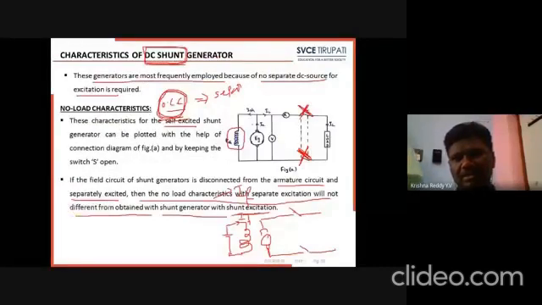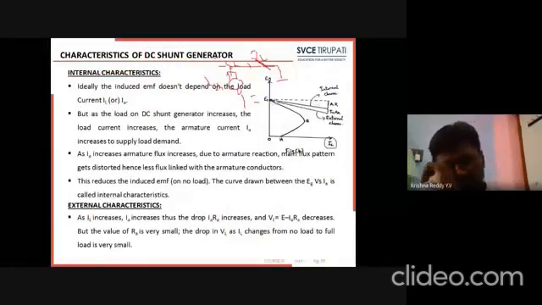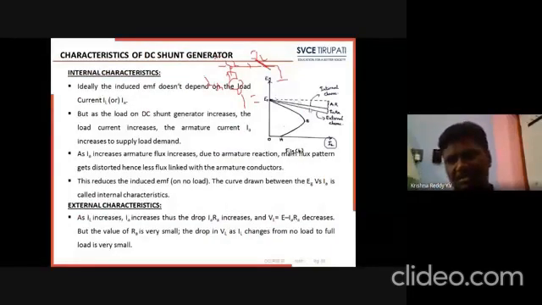IF is different and IL is different, and that's why we get these characteristics. Initially, before applying the load, we always have rated voltage. After applying the load, we have the armature resistance drop and armature reaction drop.